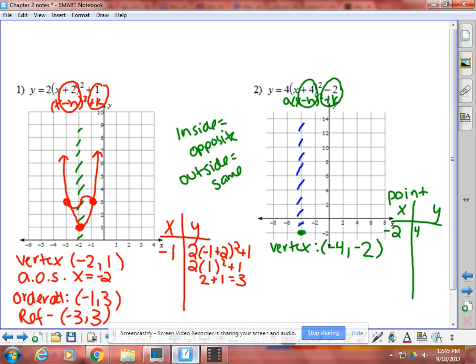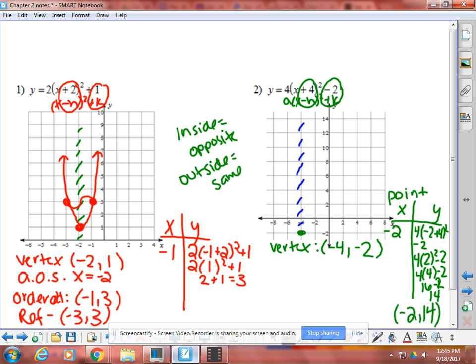So you're going to have 4 times (negative 2 plus 4) squared minus 2. So that's going to give me 4 times 2 squared minus 2. Well, 2 squared, remember you want to do the squared first, is 4, so 16 minus 2 is 14. So that's the ordered pair, negative 2, 14.